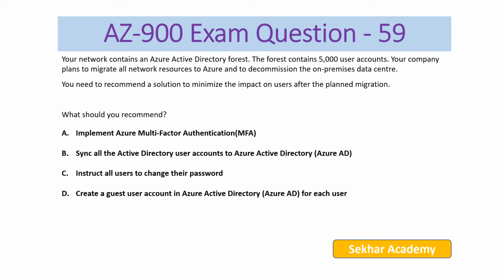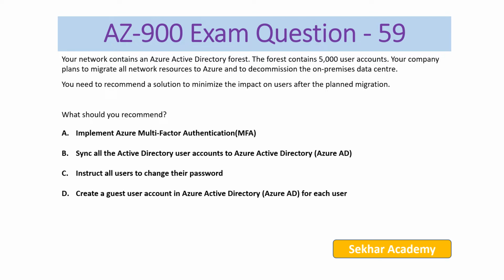Azure 900 exam question number 59. Your network contains an Azure Active Directory forest. The forest contains 5 user accounts. Our company plans to migrate all network resources to Azure and to decommission the on-premises data center.